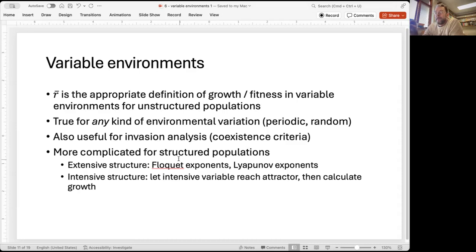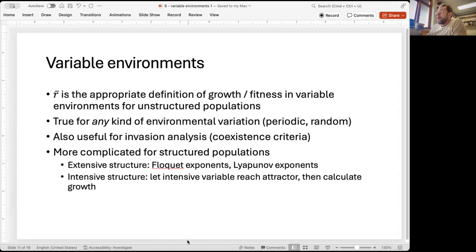Once it has, then you can integrate over one period, or over all time, the dynamics of population growth. So anyway, it's a little bit more complicated. I wanted to work this out based on this week's paper because their model fits into extensive structure with external forcing. But I couldn't get their parameter values, so I can't make a nice graph of this for y'all.